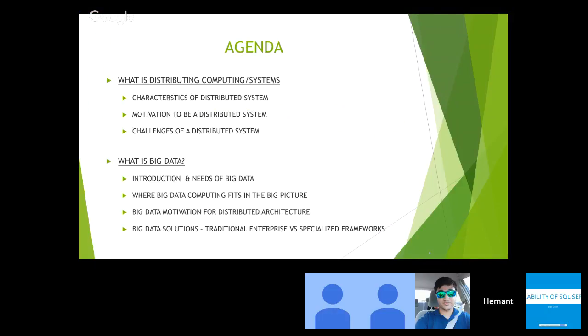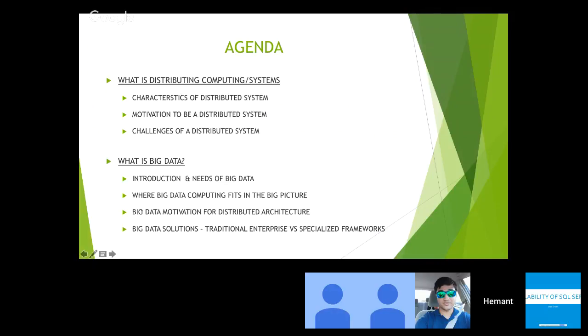In this presentation, because I'm more specifically interested in researching the distributed components and systems involved in big data, we'll go quickly through the characteristics of a distributed system, the motivation for going distributed, and the challenges we face, and then we will see what we understand by big data, and where big data computing and distributed computing fit in the big picture.